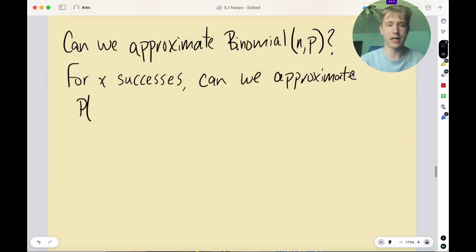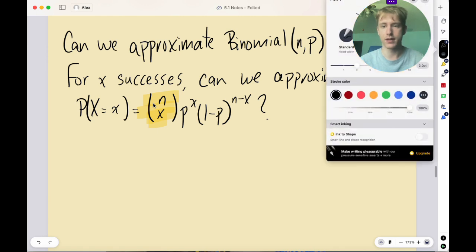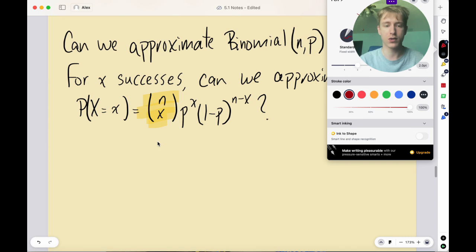that probability that x is equal to little x, which is n choose x, p to the x, 1 minus p to the n minus x. That's ultimately what we're trying to approximate. And the reason that we want to approximate that is, recall that this binomial coefficient is equal to an expression that involves factorials.